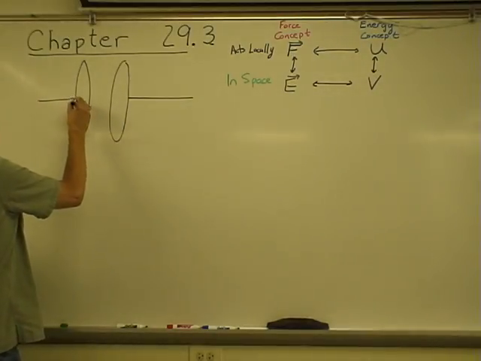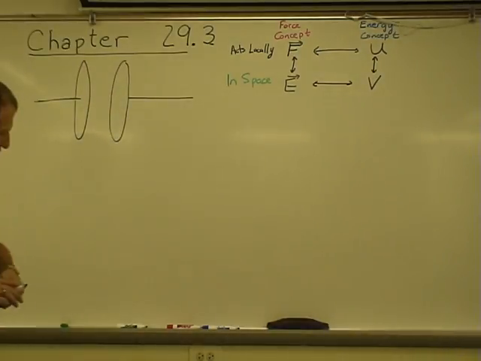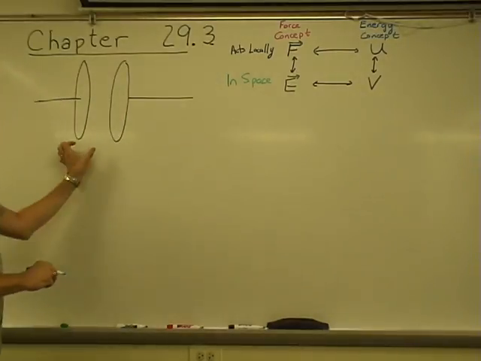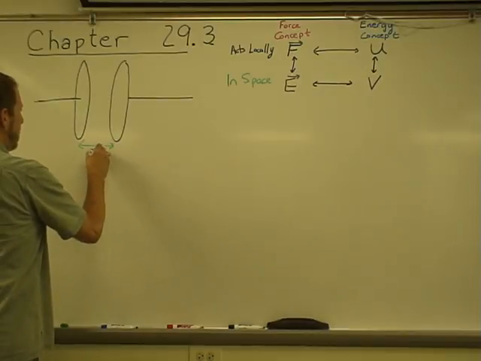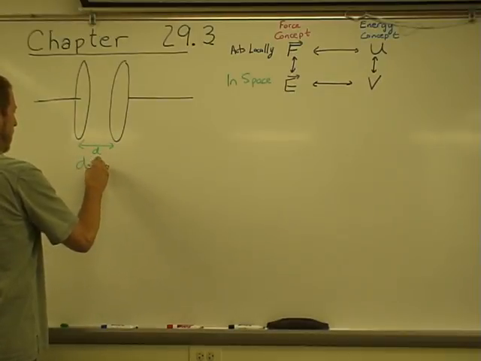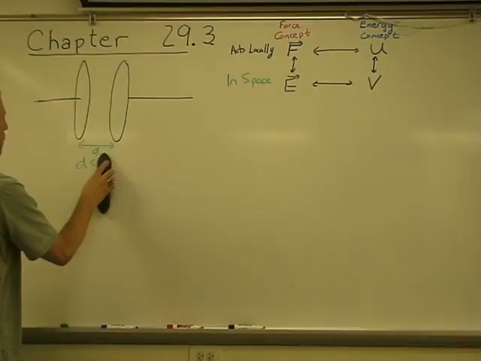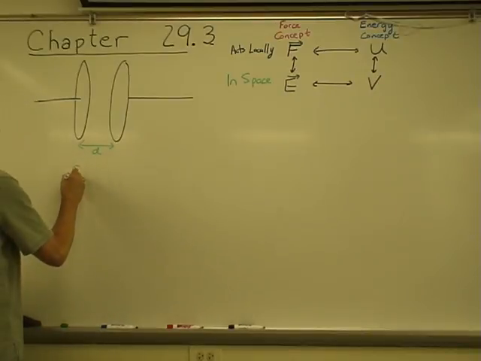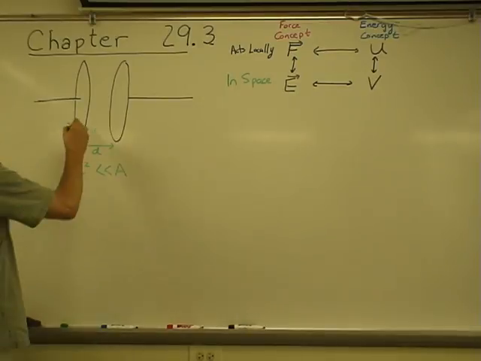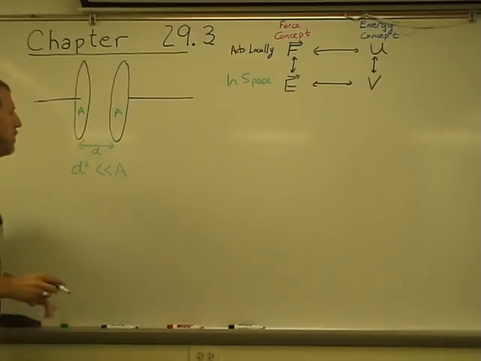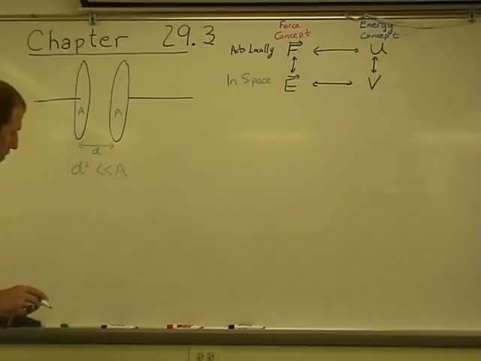And again, this is an artistic representation, because this separation D, or either way we want to write that, I could also say D squared has to be way, way less than the cross-sectional area of one of the plates, because if I'm close to the edge of the electric field, there's going to be fringing effects and there's going to be a problem.